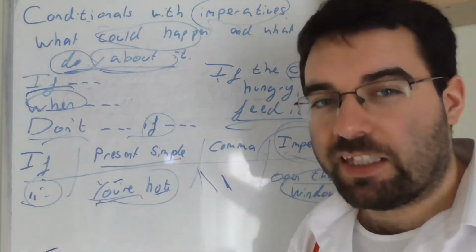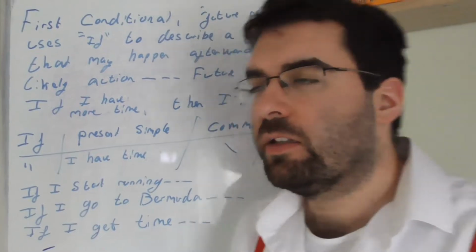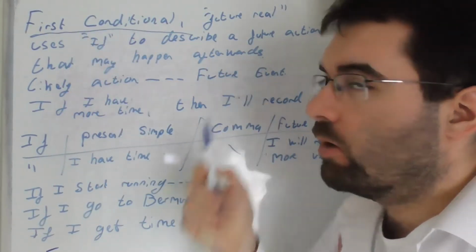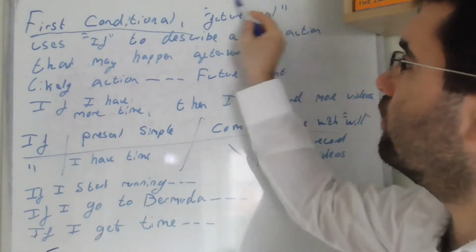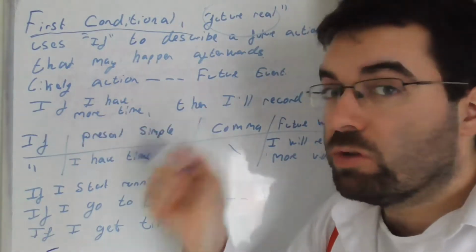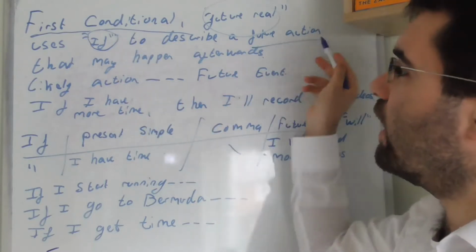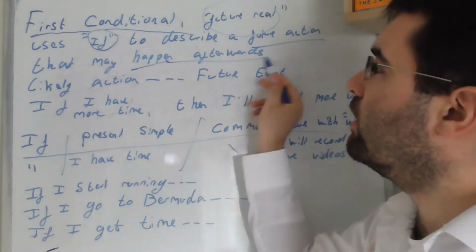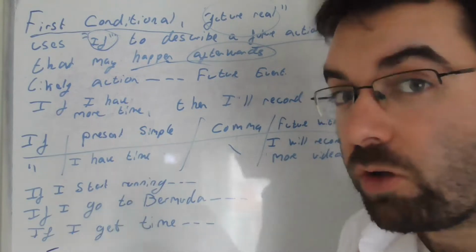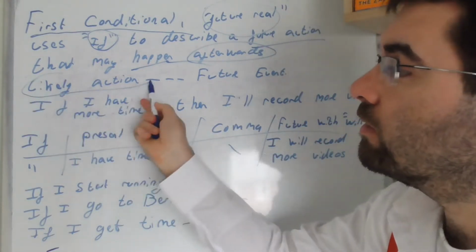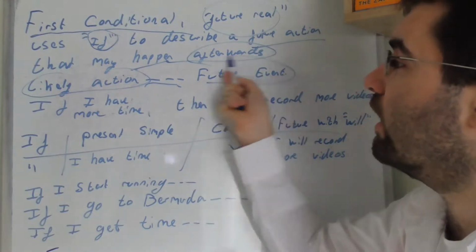Cool. Let's keep going. But then we have the first conditional, which is the future real, which uses if to describe a future action that may happen afterwards as a result. Likely action, future event.